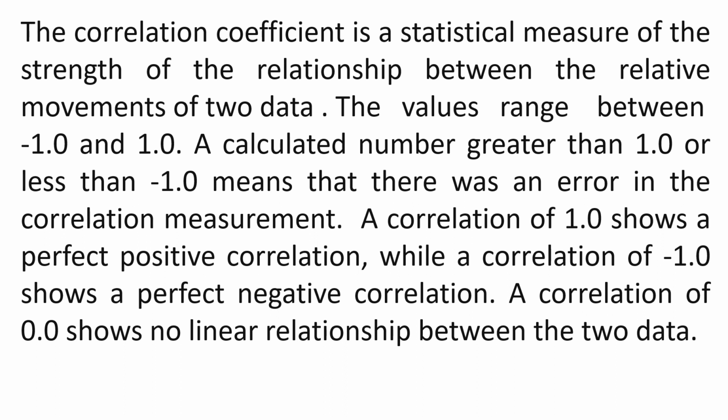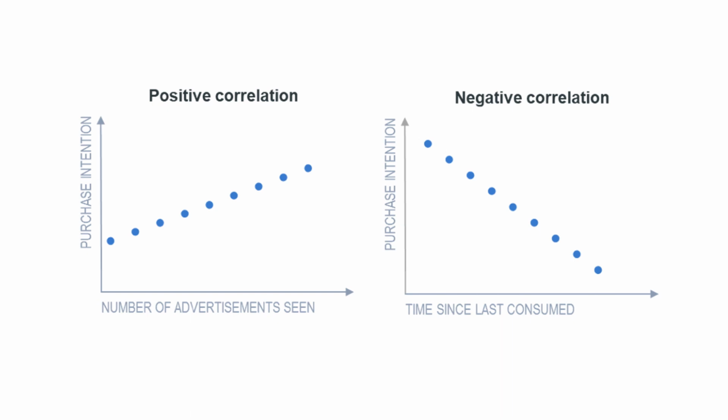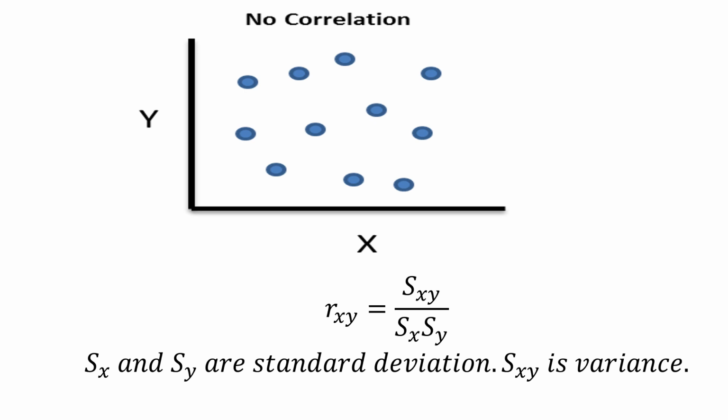If you want to see it graphically, this type of plot will be there, and this will be the negative correlation. Similarly, if you want to see no correlation, this type of scattered data will be there. No relation is there.